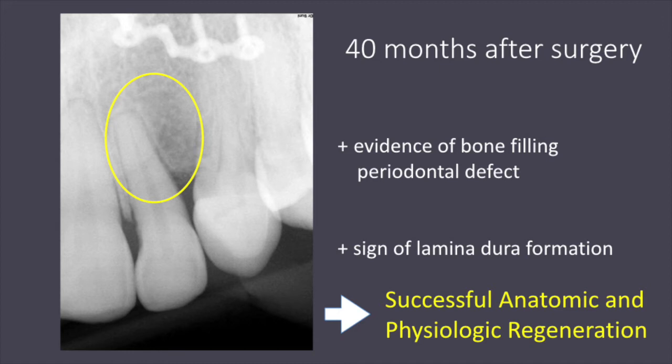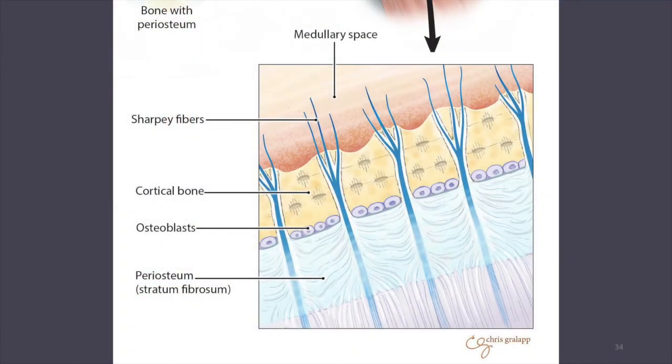The presence of the lamina dura over the originally damaged lateral incisor tooth implies that a Sharpey system has been reconstituted in that space, because the lamina dura itself is a structure that is regulated by a penetrating Sharpey system. The Sharpey system that travels from the root surface across the ligament space through the lamina dura and into the alveolar bone is a system that has specific regulatory capability to create and maintain these structures.